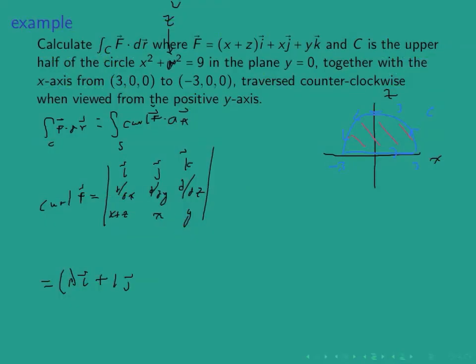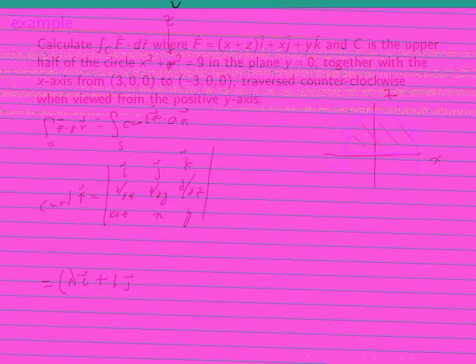And finally in the k direction, ignoring k's column, this partial derivative is 1, minus that partial derivative is 0, so I get plus 1k. Okay, so the curl of f is a pretty simple vector, i plus j plus k.